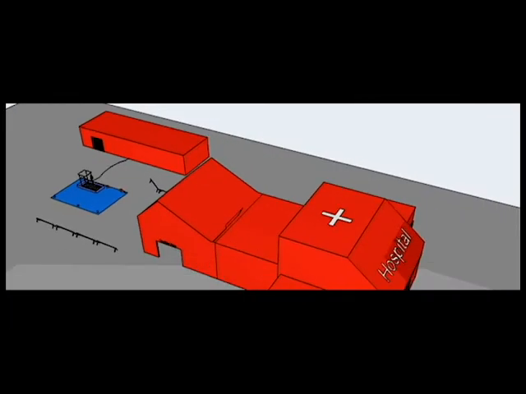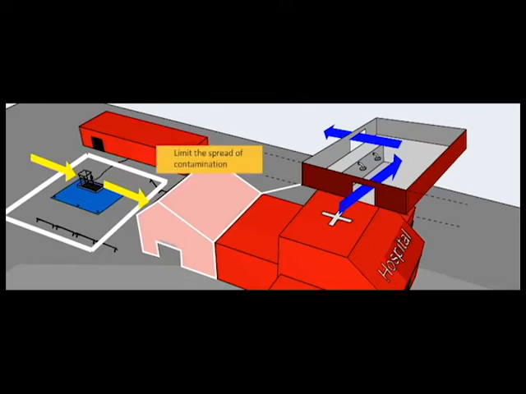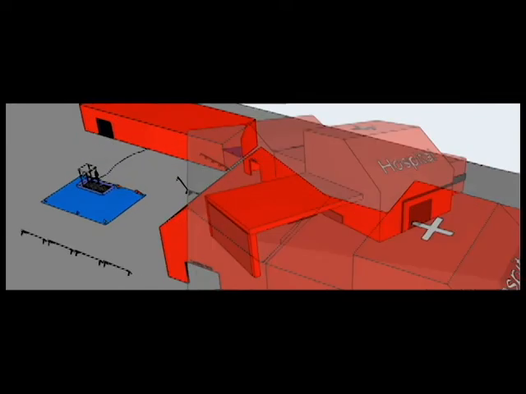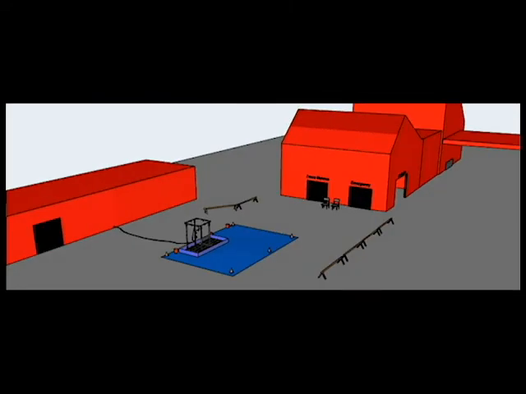Perform hospital decontamination at a pre-designated location with entry and exit points clearly marked and separate flow patterns for patients and personnel in order to limit the spread of contamination. The location where decontamination is performed should ideally be located near the emergency department, but away from the normal patient traffic flow of the hospital.